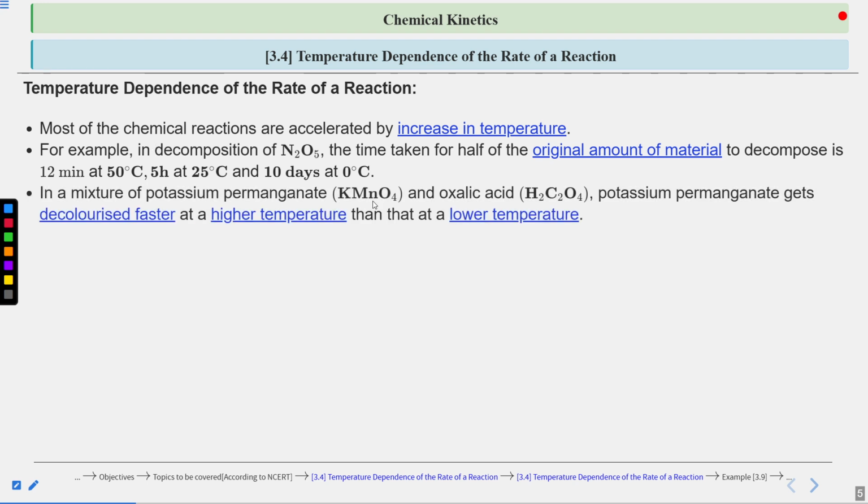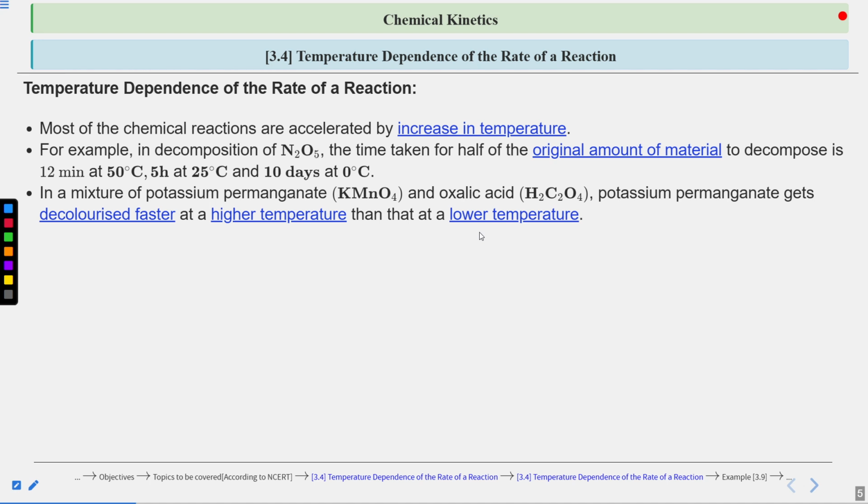In a mixture of potassium permanganate, KMnO4, and oxalic acid, H2C2O4, potassium permanganate gets decolorized faster at a higher temperature than at a lower temperature.